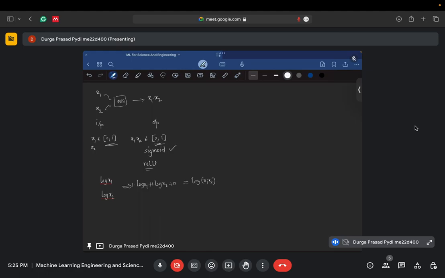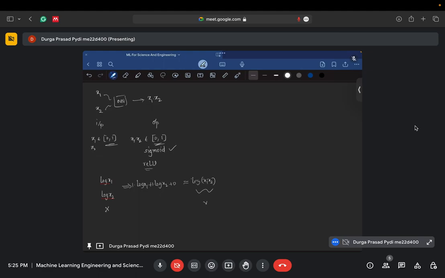Is the question clear? Instead of training on x1, x2, x1 times x2, I'm using new training data which is the logarithm of the original training data. So I just use log x1, log x2 as my input and log x1 x2 as my output.